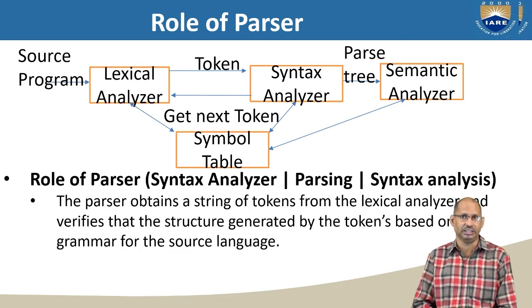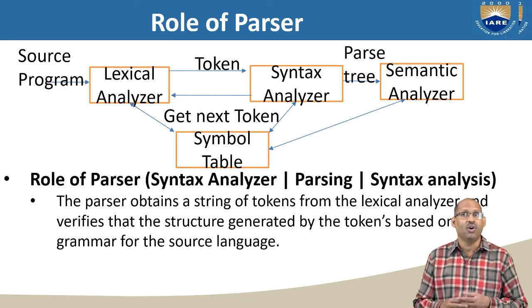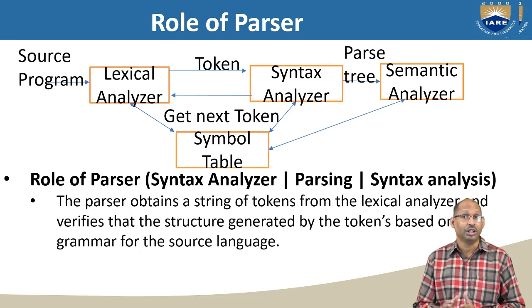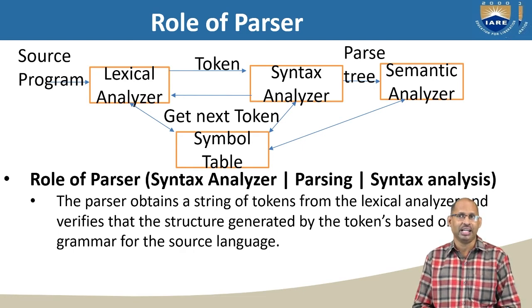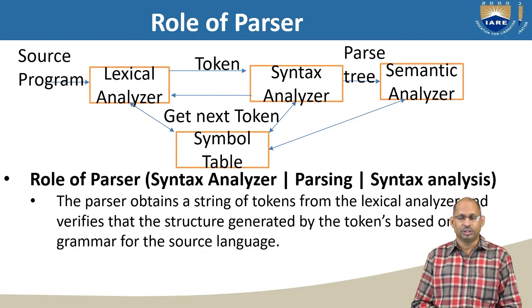Its main task is to follow the rules of the context-free grammar productions and group the sequence of tokens into parse trees. The parse trees are the output of the syntax analyzer phase, and they are given as input to the semantic analyzer.